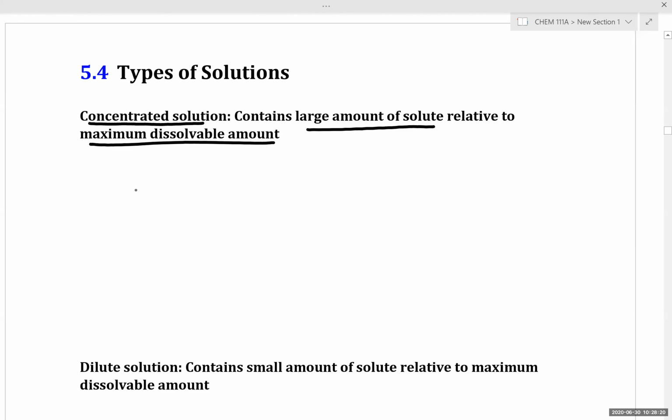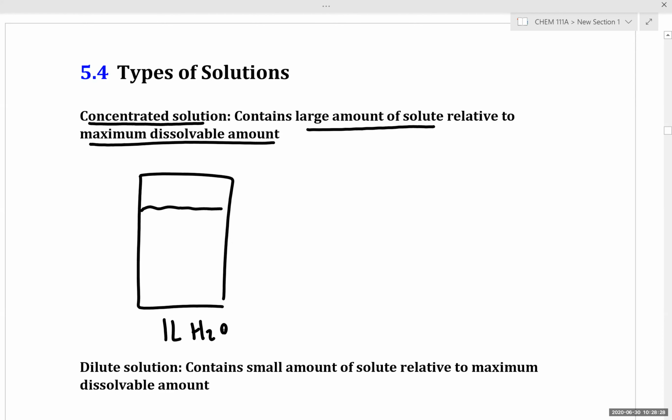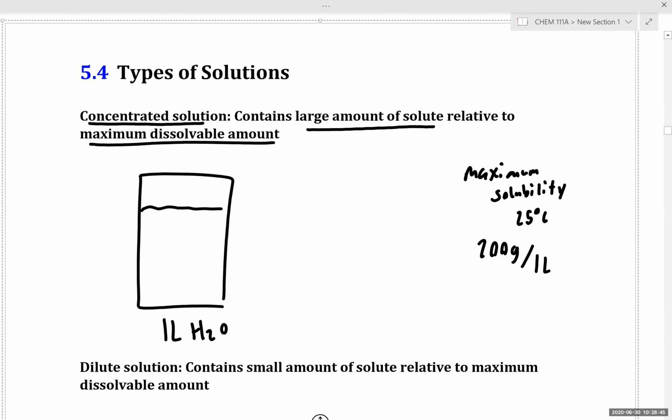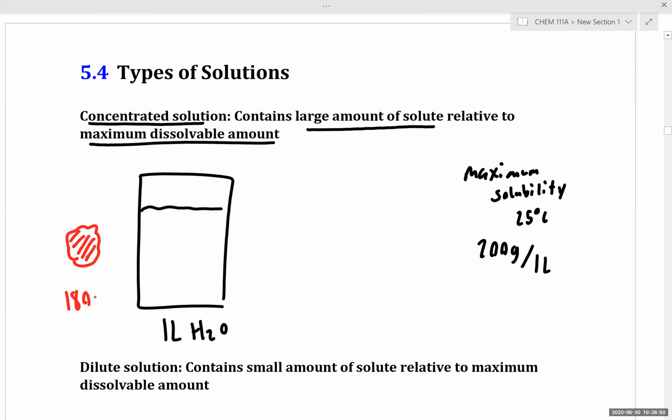To give an example of this, let's suppose we have 1 liter of water, and let's suppose our maximum solubility at 25 degrees Celsius was 200 grams per 1 liter. And let's suppose we take our solute, which is dye, and we take 180 grams of dye and we dissolve it in our water.